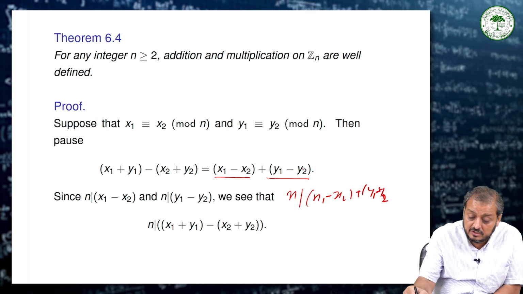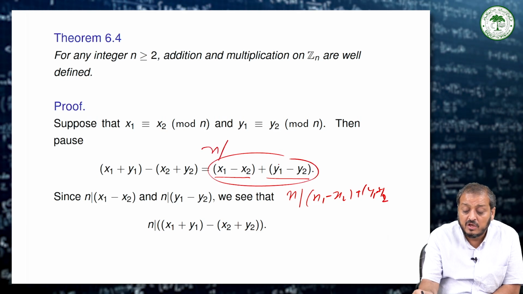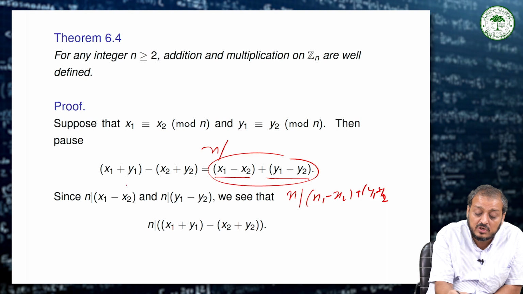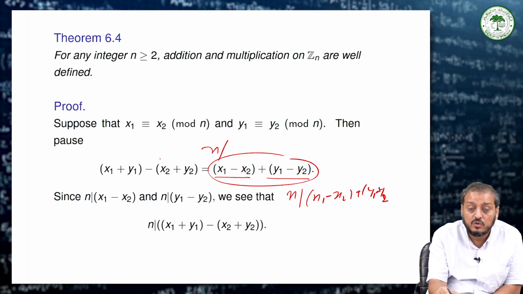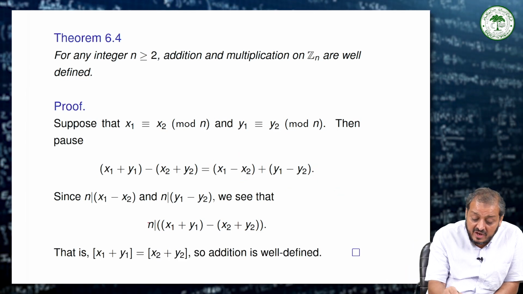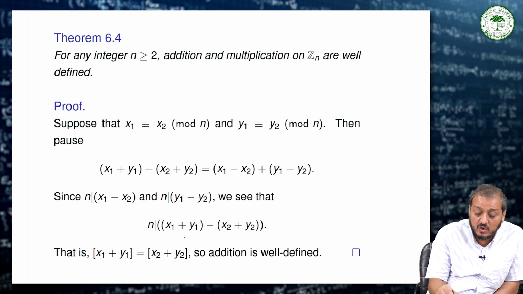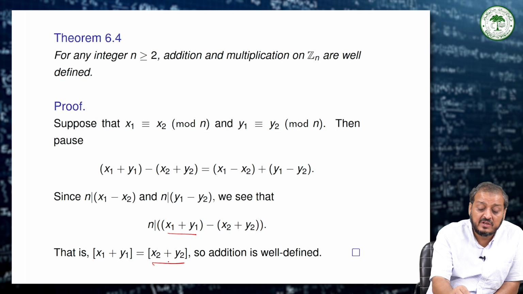So n should divide x1 plus y1 minus x2 plus y2. In this case, we can say that the equivalence class of this is the same as the equivalence class of that.